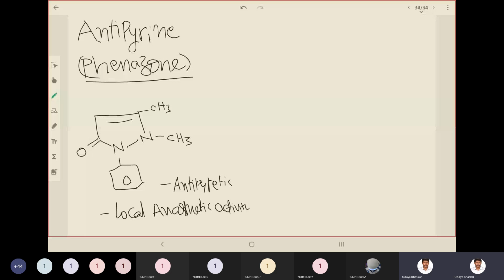And lastly, we need to see the structure of phenylbutazone.